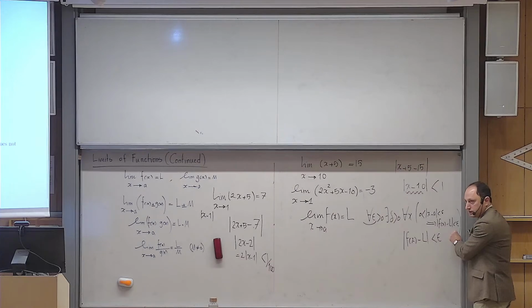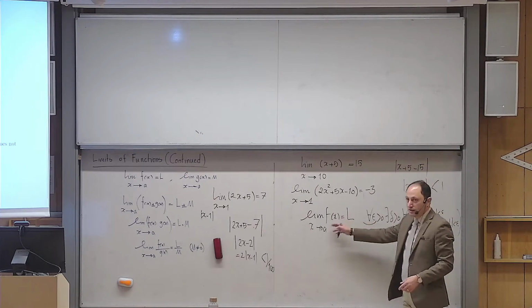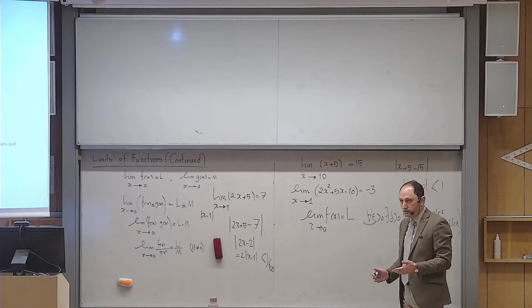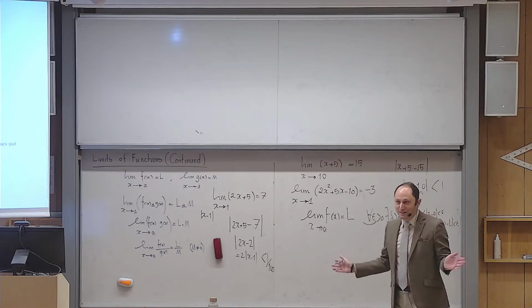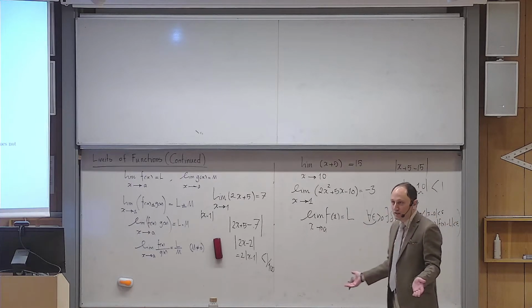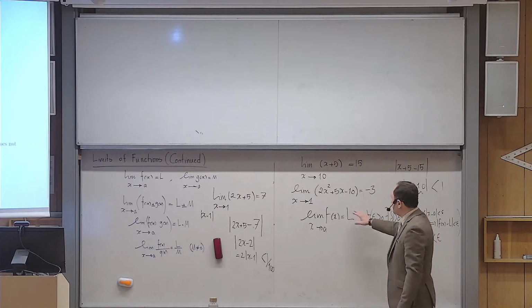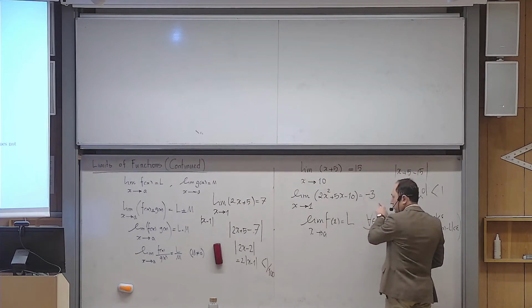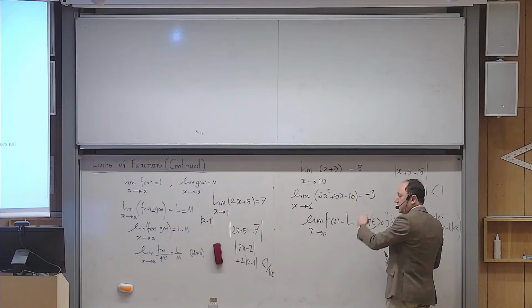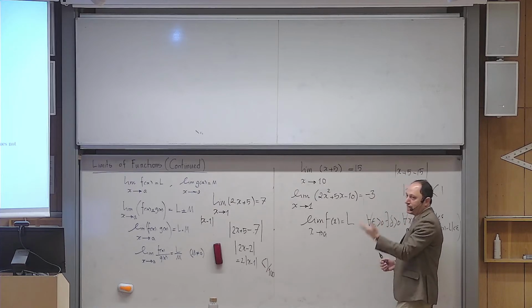If this happens, then I would say the limit of f of x when x goes to a is L. That is exactly the real definition. Even in higher mathematics, that is the definition of limit. This is the intuition. So I can make the distance between these two as small as I desire, but I have to pay a price.